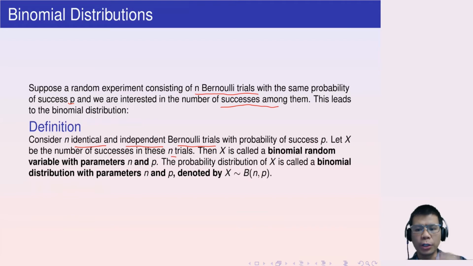Then X is called a binomial random variable with parameters n and p. The probability distribution of X is called the binomial distribution with parameters n and p, denoted by X ~ B(n, p). This is the binomial distribution.